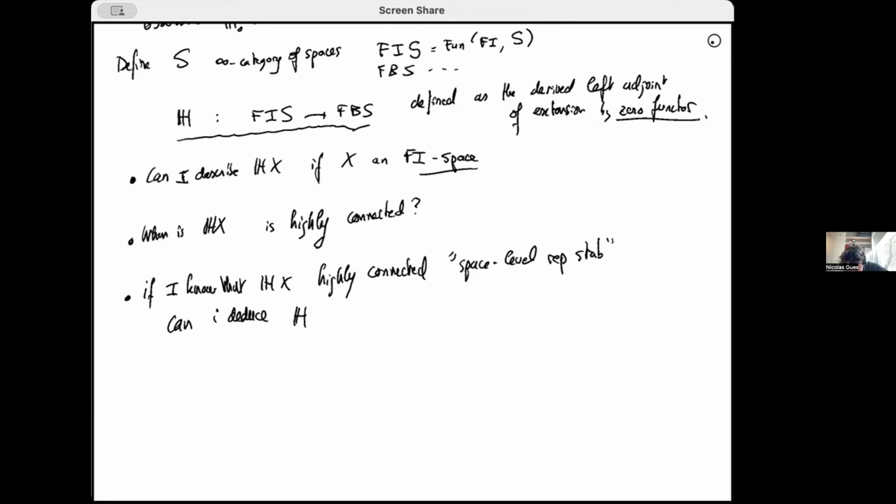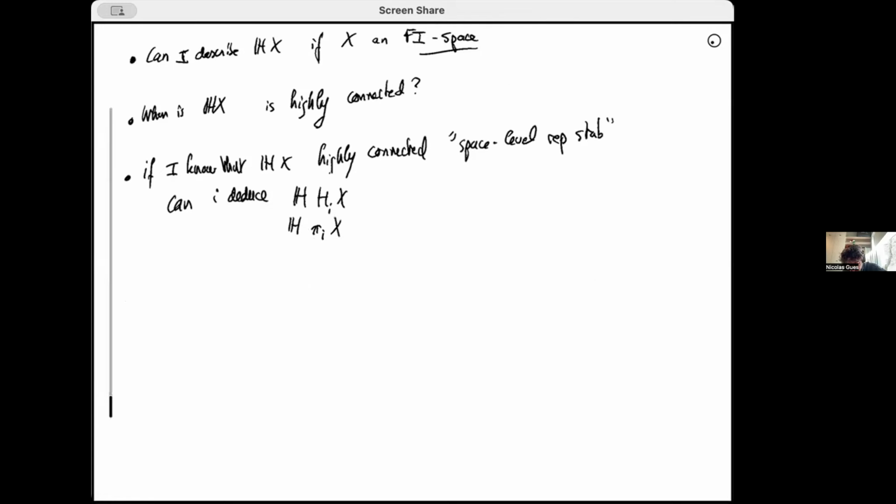So can I deduce that, as I have an FI space, I will take the homotopy groups of X to be highly connected? And by what I said earlier, this implies representation stability in the sense that these groups will be presented in finite degrees.